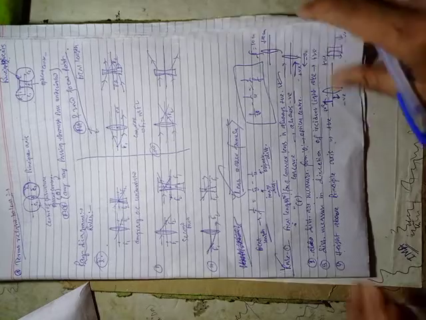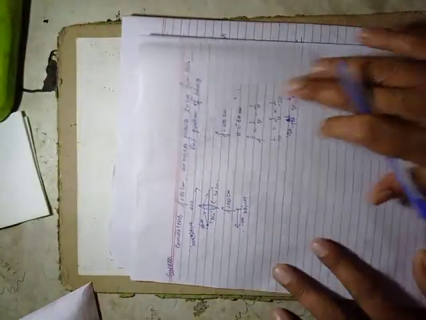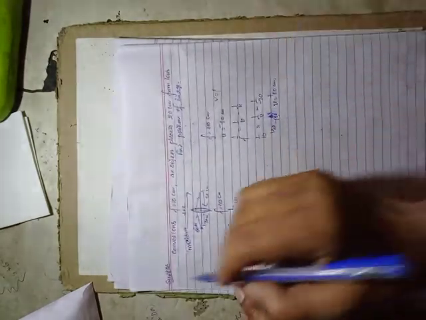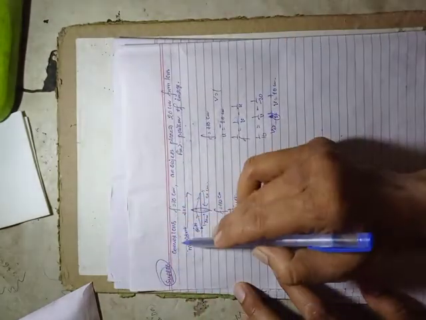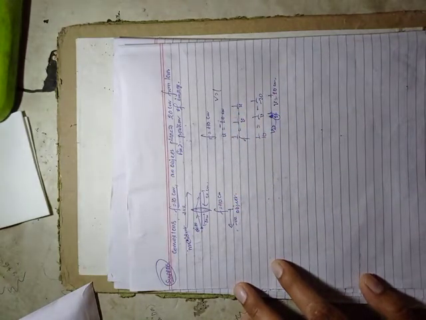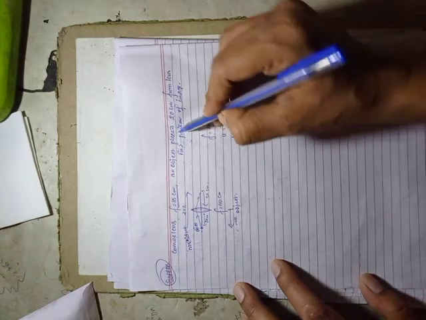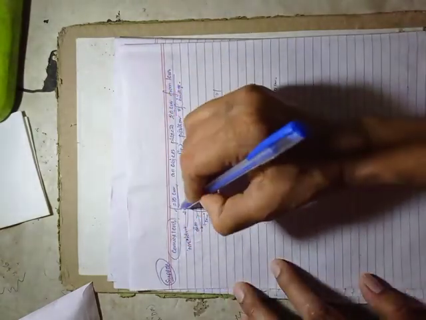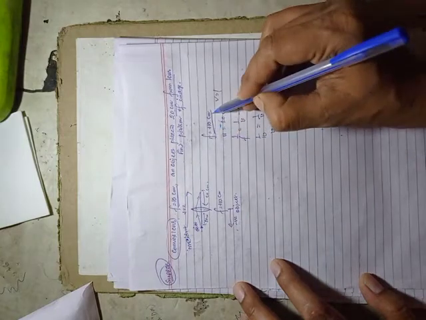Now let's do one numerical. Suppose a convex lens has a focal length of 10 centimeter, and an object is placed 20 centimeter from the convex lens. Focal length of a convex lens is always positive, so f is plus 10.